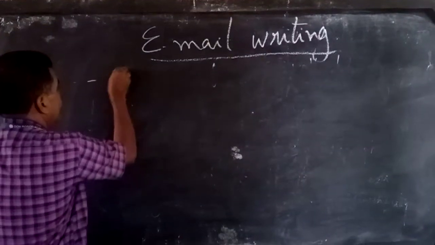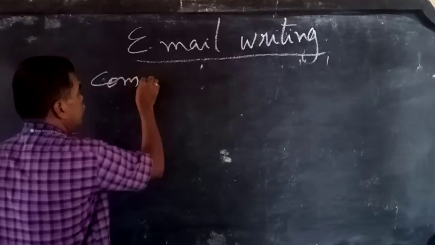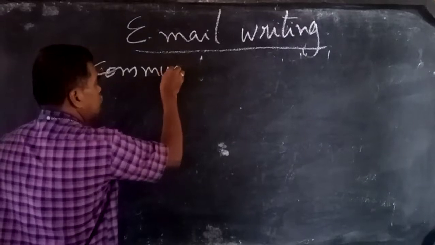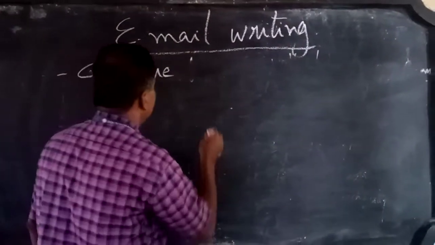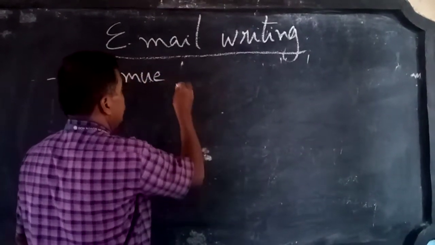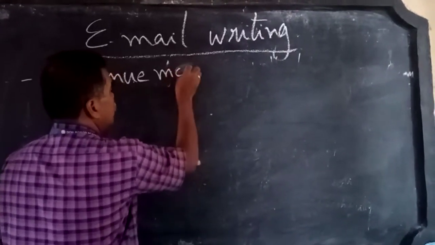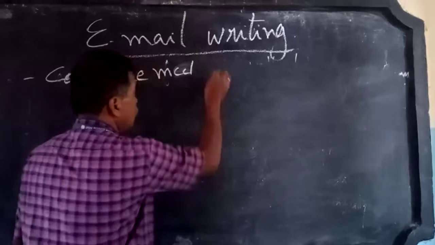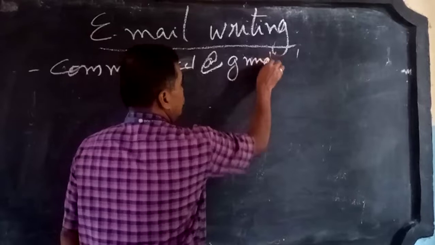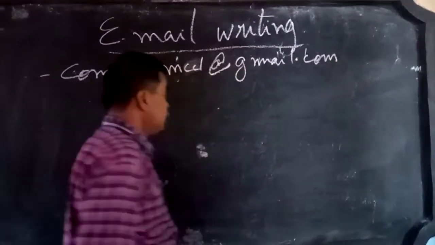So you write commissioner, municipal, short form I write this, commissioner of municipal, and let's say Makluskiganj, Makluskiganj at the rate of gmail.com. That's what the address is.